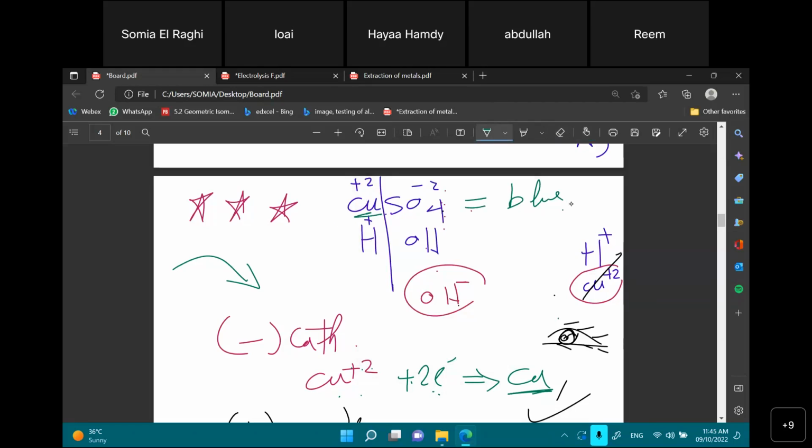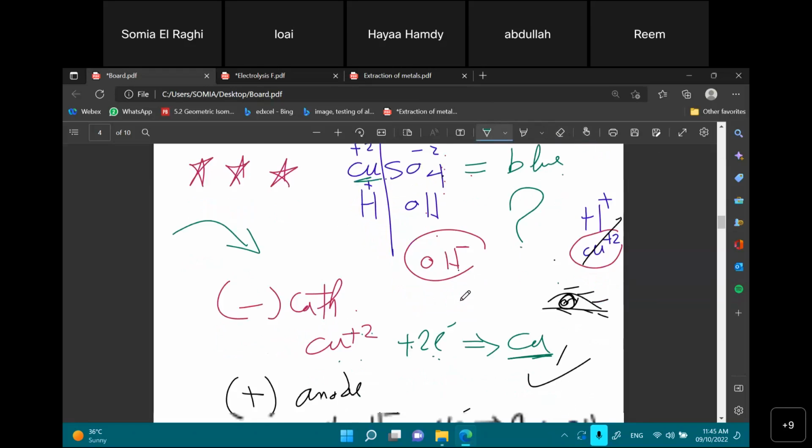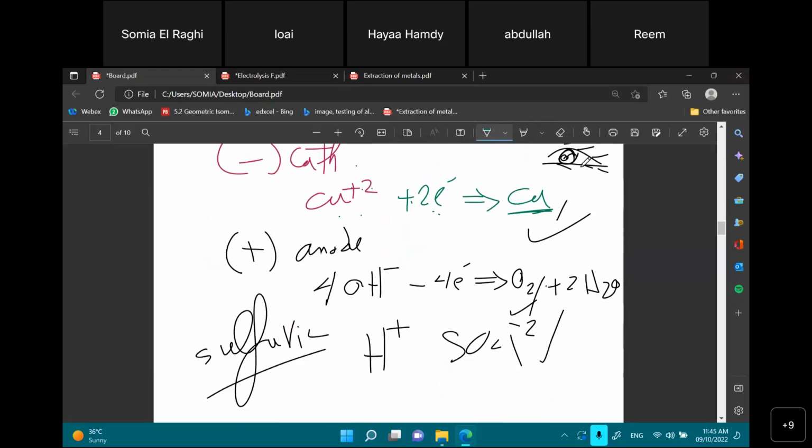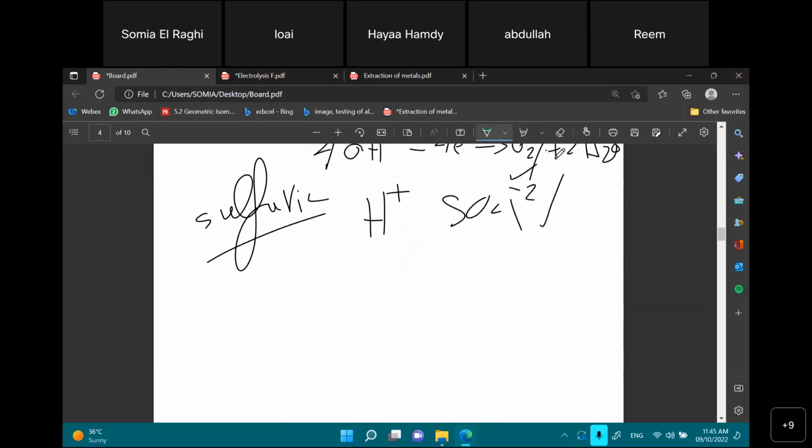They will ask you why the color fades out at the end of the electrolysis. Because the copper ion is gone. Or because instead of getting copper sulfate, which is blue, we get sulfuric acid. All acids are colorless. You will get this question in the electrolysis.